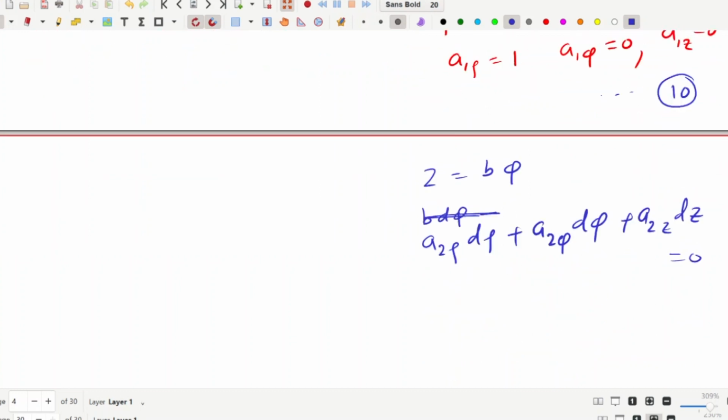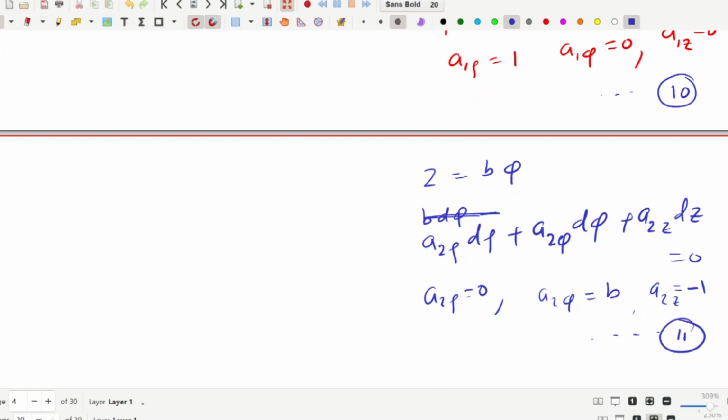In this equation we don't have any rho, so a2 rho will be 0, a2 phi will be b, and a2 z will be minus 1. Let us denote this as equation 11.